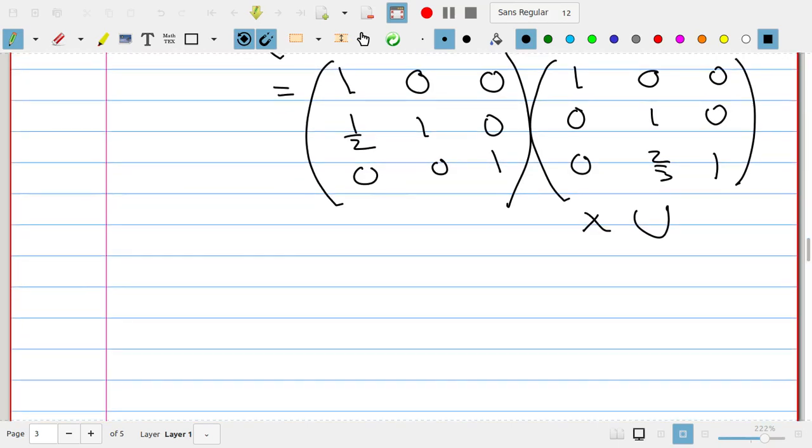Once you multiply these two, you get 1, 0, 0, here you get half, here you get 1, here you get 0, and here you get 0, you get 2 over 3, and here you get 1.